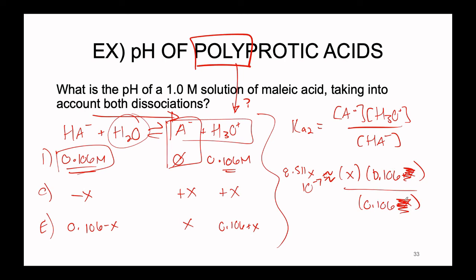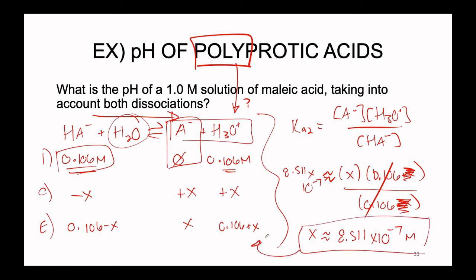The changes from the initial conditions are going to end up being so small that they don't matter in either case, so we can cancel those out. Our X value, our change, is approximately equal to 8.511 times 10 to the negative 7 molar.